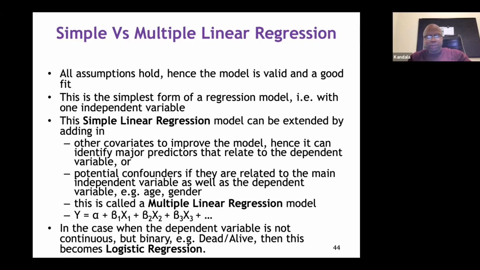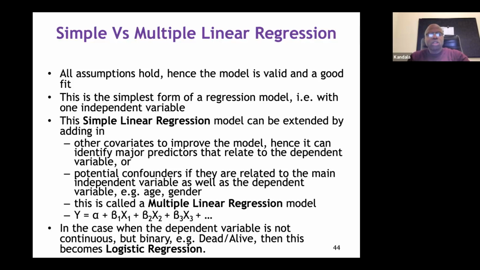And remember, this is something that we need to do because we believe that one independent variable may not be the whole story that explains what we see in the dependent variable. We cannot predict the difference in blood pressure simply by looking at age.